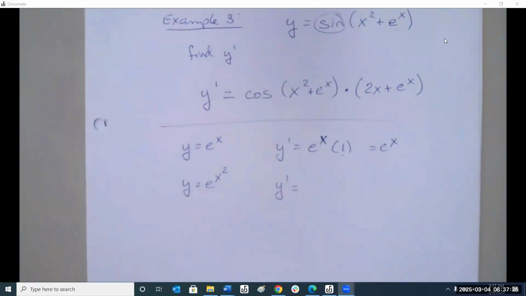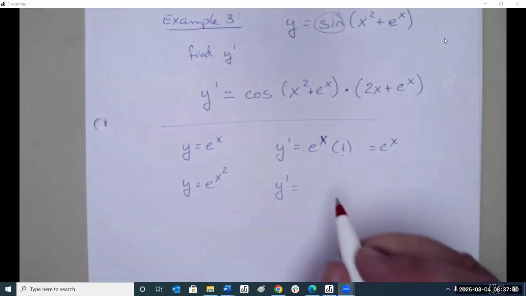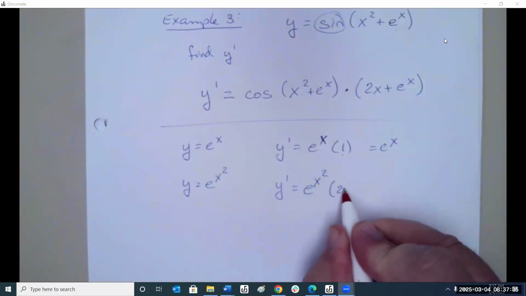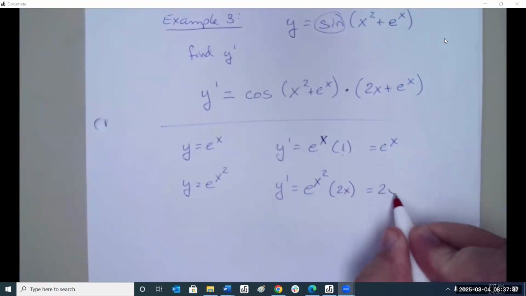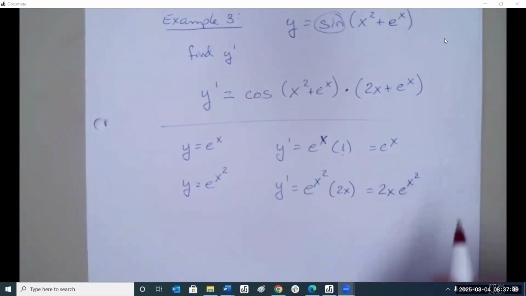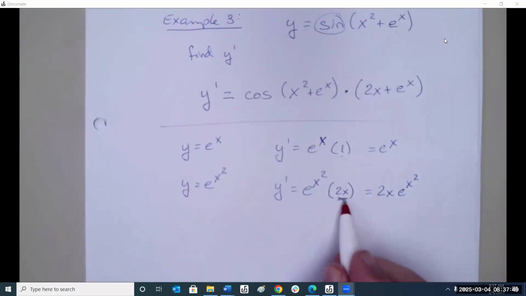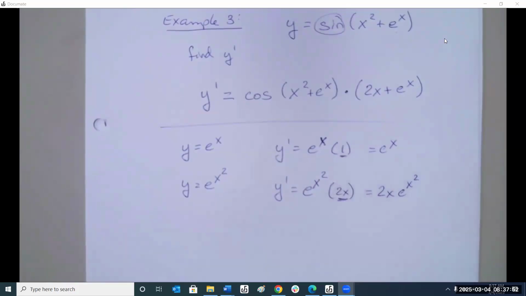If we had this function, e to the x squared, it would be e to the power x squared times 2x, equals 2x e to the x squared. Where did this come from? It comes from the exponent. The derivative of the exponent, right?